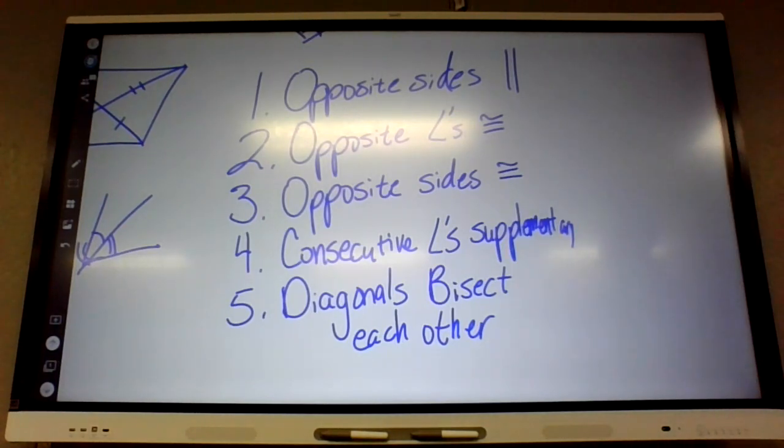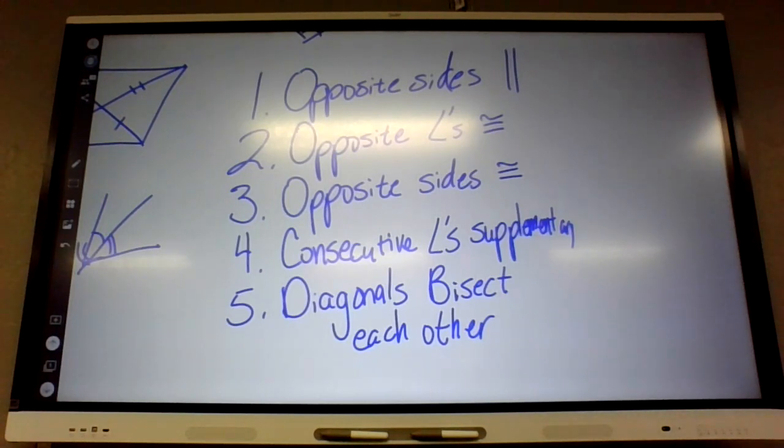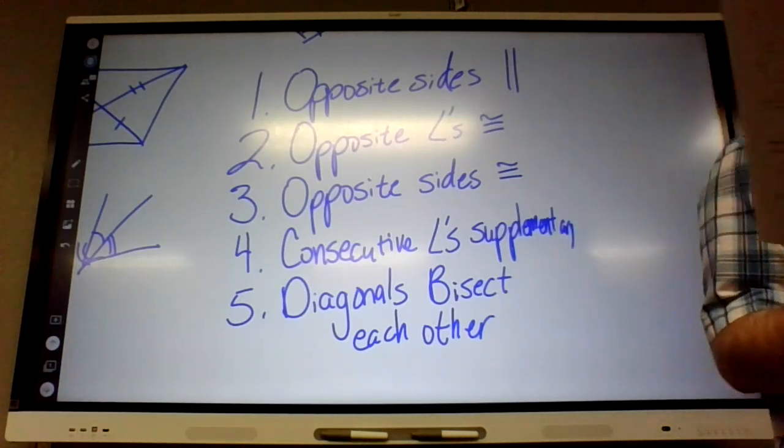Number 7, if RT is 19.8, how can we find RP? Times 2. Yes, the diagonals bisect each other, so RP is going to be twice as long as RT. 39.6, just as you might guess.